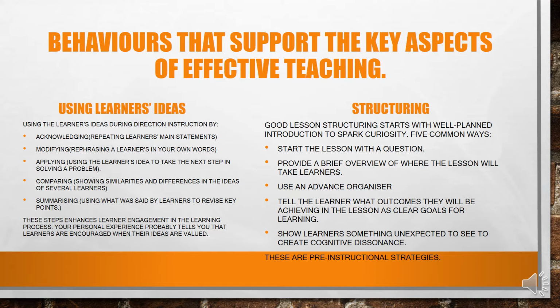And this really enhances the learner's engagement in the learning process. It's really the child's personal experience of how they see the content, and they feel valued to contribute within the lesson.